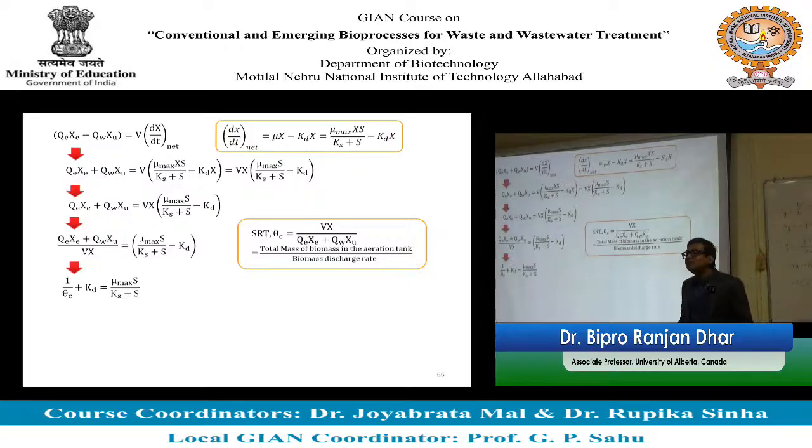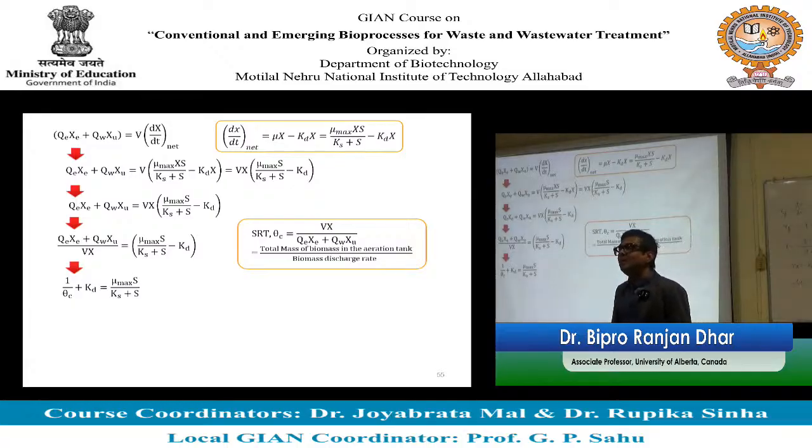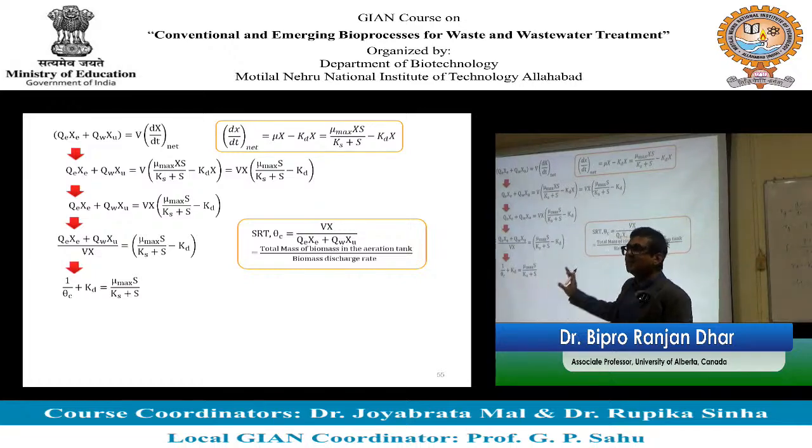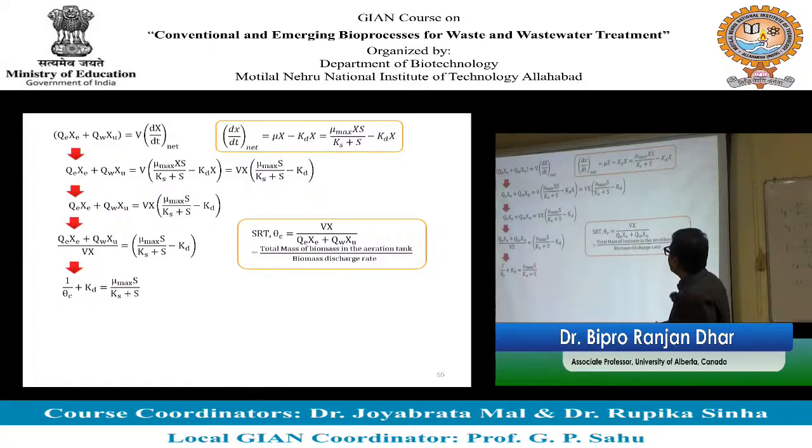Like BOD concentration of what? In or out? That is varying with time. S naught is in, S is out, right? It's out. So this is my effluent BOD concentration, right? And Ks is what? Half saturation concentration, right?